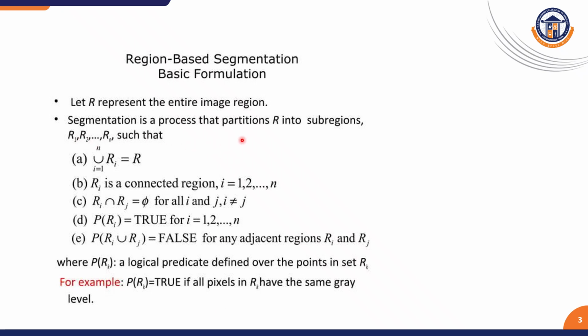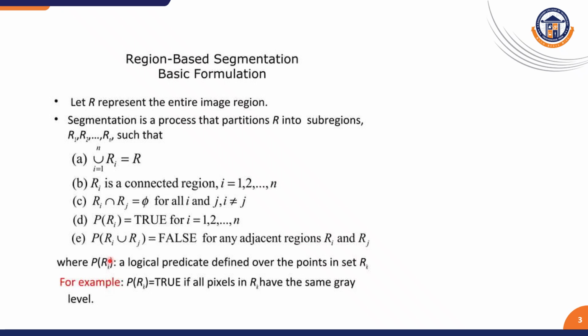Segmentation is a process that partitions R into subregions, that is region R1, R2, up to Rn, such that the union of the regions equals the total region R, and R is a connected region, and Ri intersection Rj equals the empty set for all i and j where i is not equal to j, and P of Ri is true for i equal to 1, 2, up to n, and P of Ri union Rj equals false for any adjacent regions.